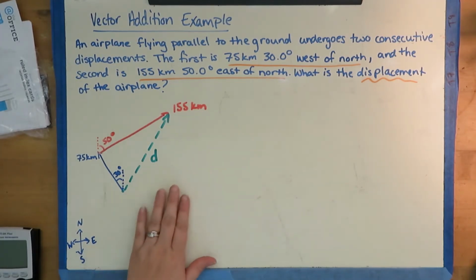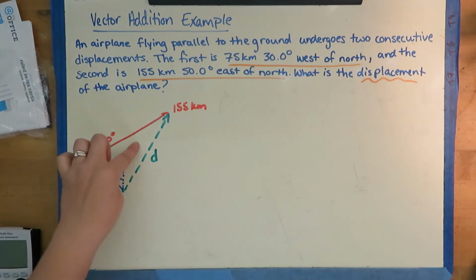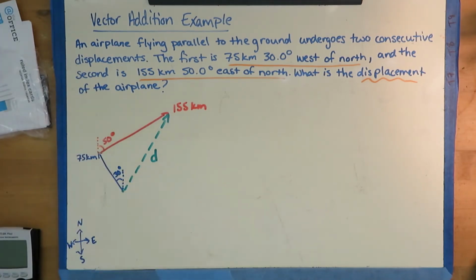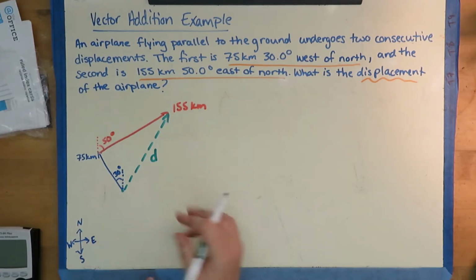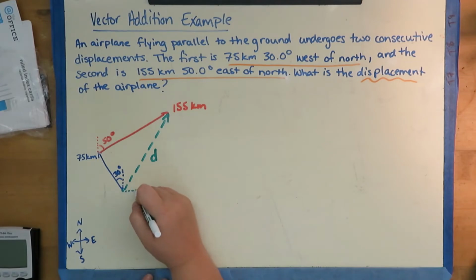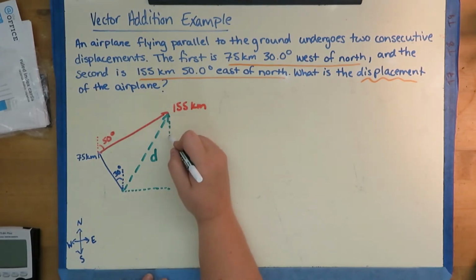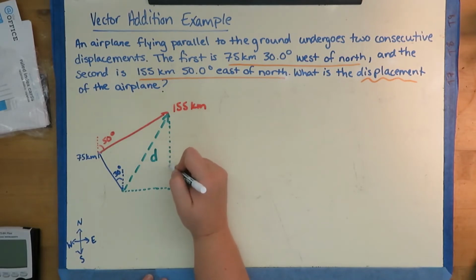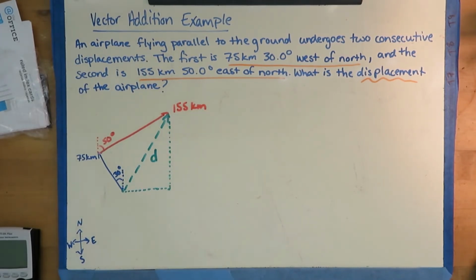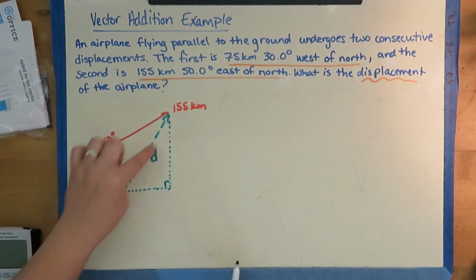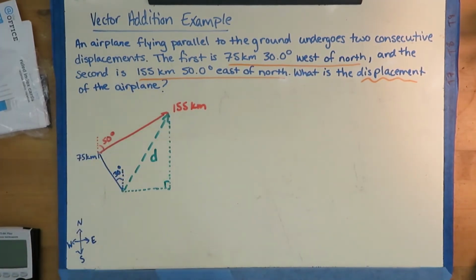So I have this magnitude, and I need to find its direction. In order to find its direction, I'm going to have some sort of angle. I can define any angle I want, but I want to have it in a simple set of map directions. So I'm going to create a right triangle that is going to describe that resultant right there.